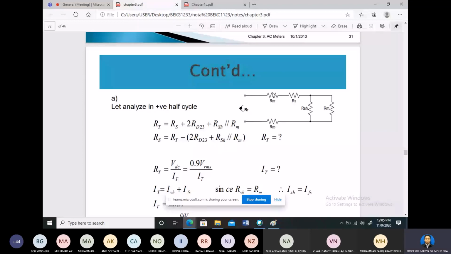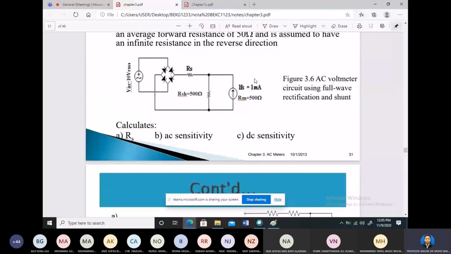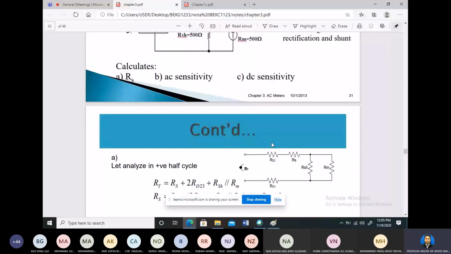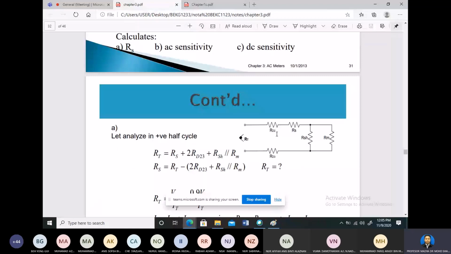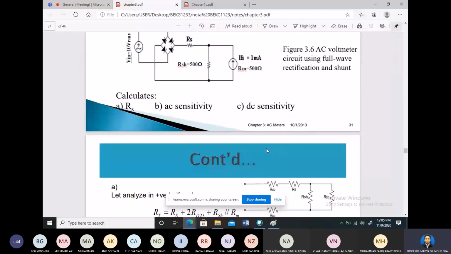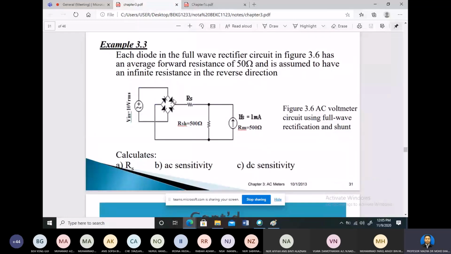RD2 we have 50, you have to remember this. 50 ohm here. For diode D2 plus RS, then in parallel with R shunt and RM, plus RD3, diode 3. So they mention for the positive, D2 and D3.